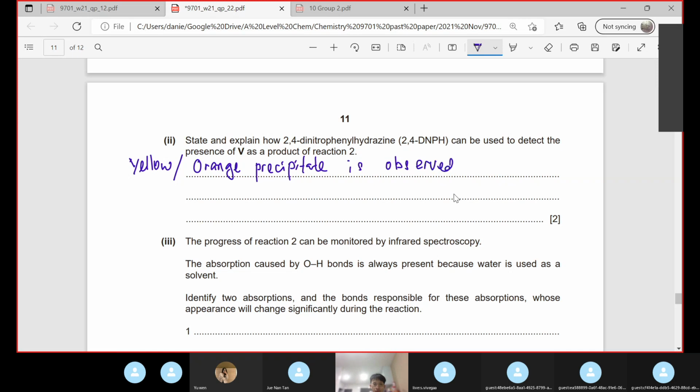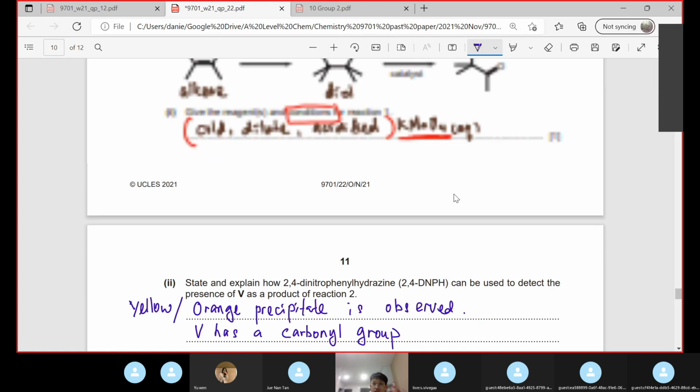1 mark. Why is there an orange precipitate? 2,4-DNPH will detect the presence of V. Explain how: because compound V has a carbonyl group. Carbonyl group, or you can write it is a ketone.